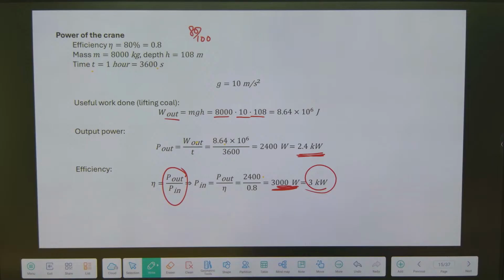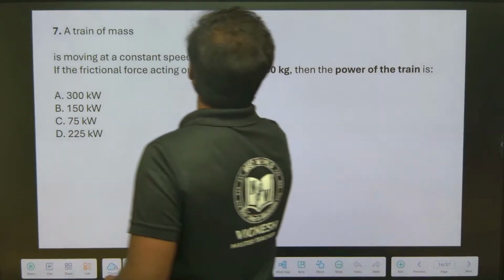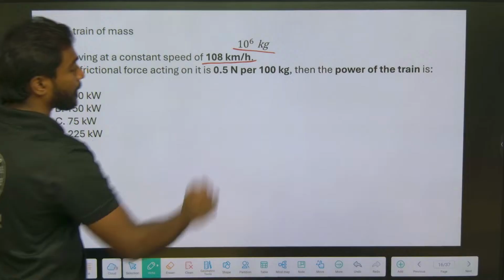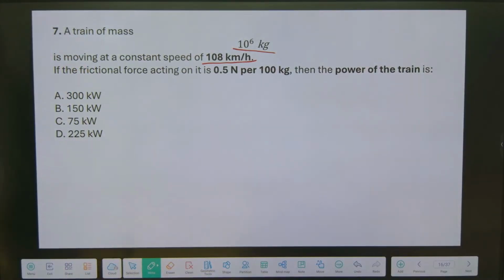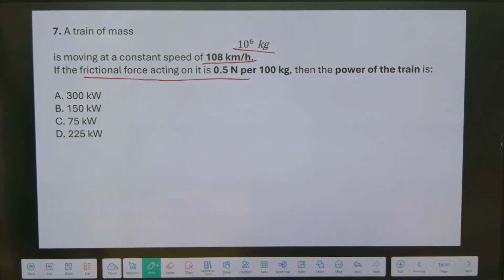Next question: a train of mass 10 power 6 kg is moving at a constant speed of 108 km per hour. If the frictional force acting on it is 0.5 Newton per 100 kg, then what is the power of the train?